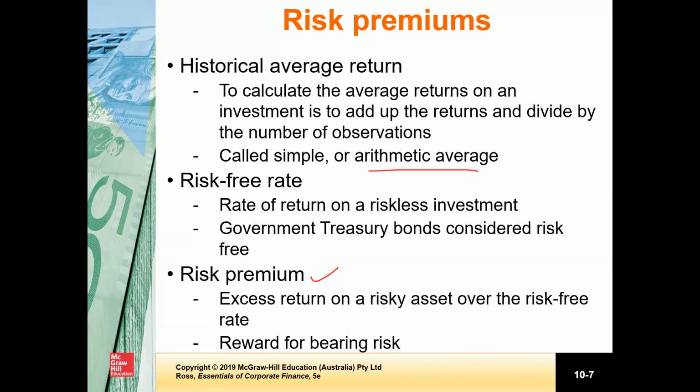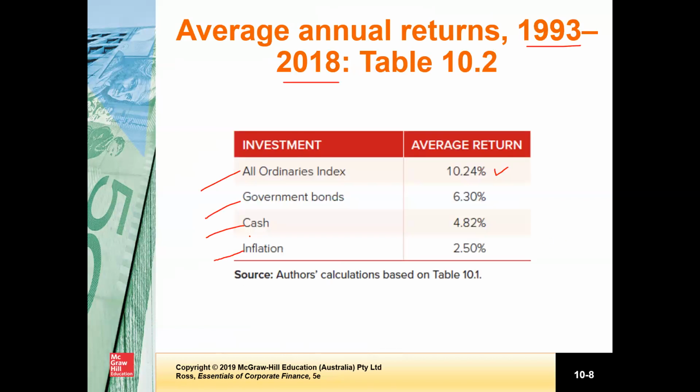In the example that I just showed here, cash can be considered risk-free, as I was saying, because that is essentially the return we get from investing in a virtually risk-free investment.